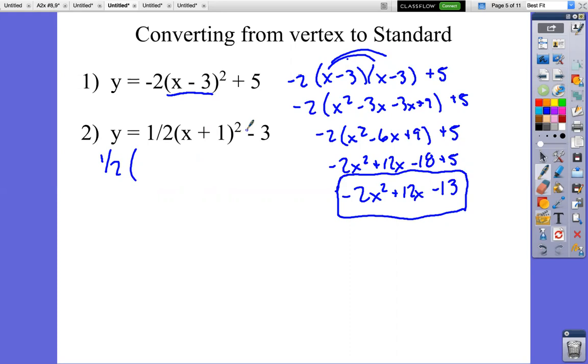By the way, if you're good at FOILing things out, x plus 1 squared, that is the same thing as this, right? X plus 1, x plus 1. So x squared, x times 1 plus x times 1 is plus 2x. 1 times 1 is 1. What do I have, minus 3 there? Yeah. Now distribute.